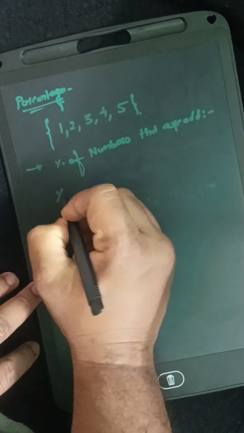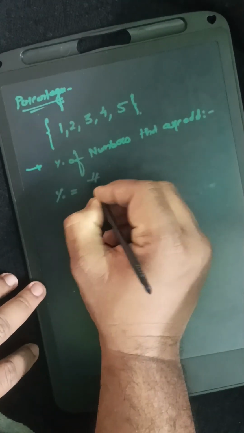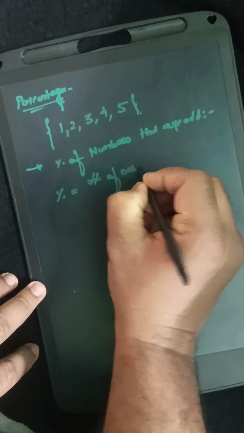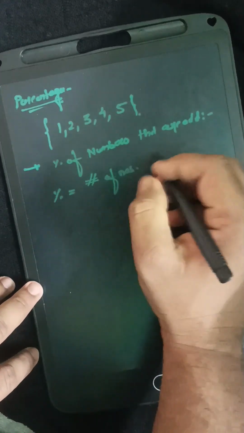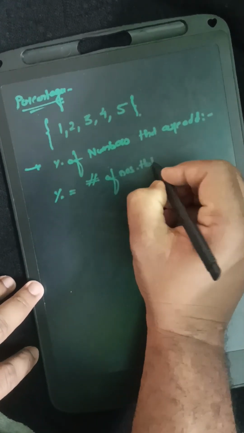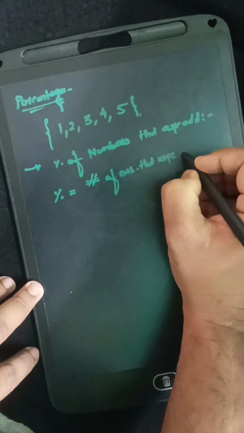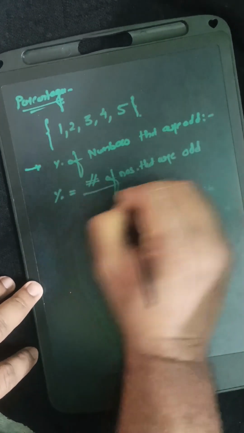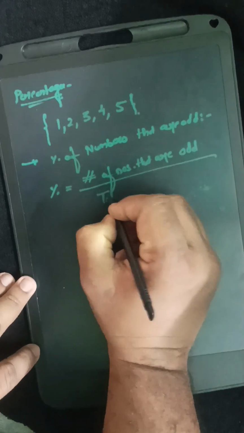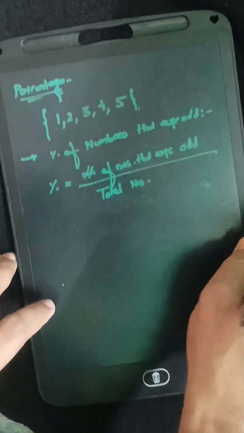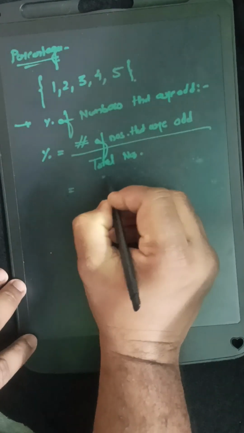How do we calculate it? The count of numbers that are odd, divided by the total numbers, which comes out to be how much?